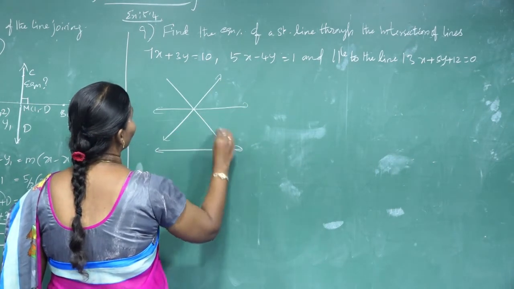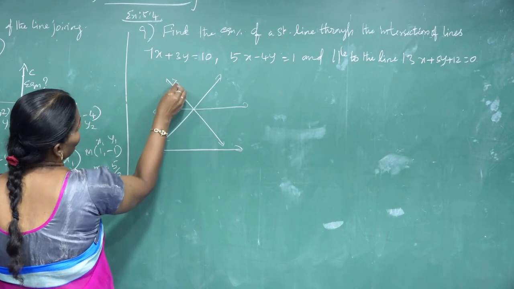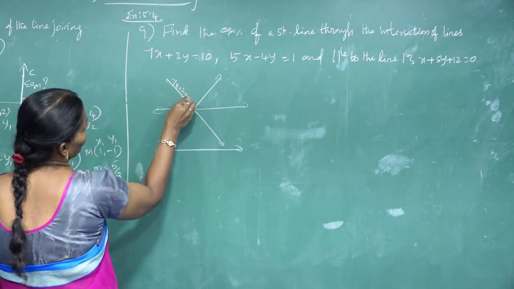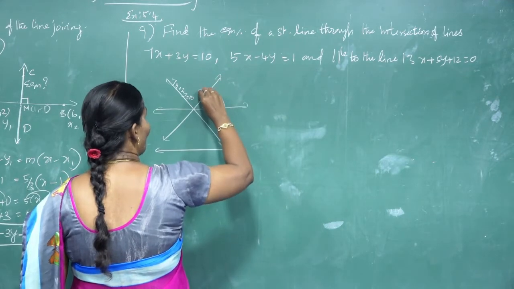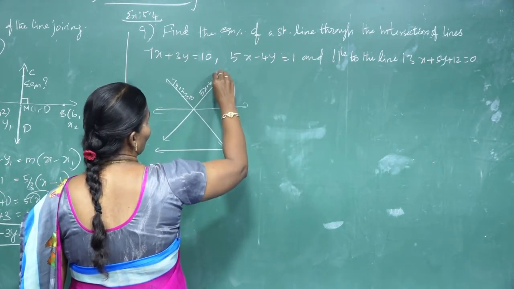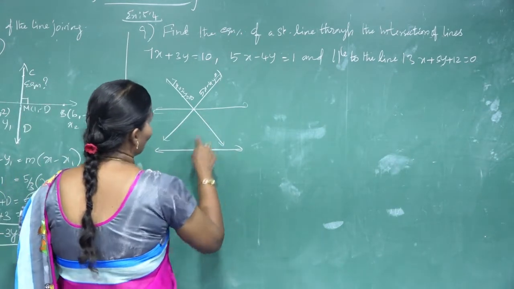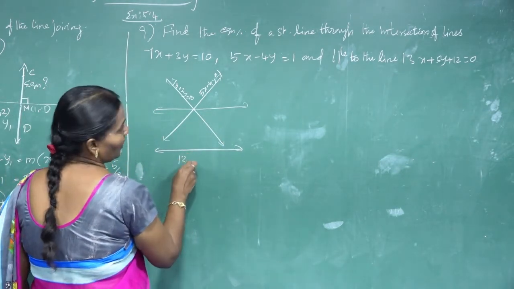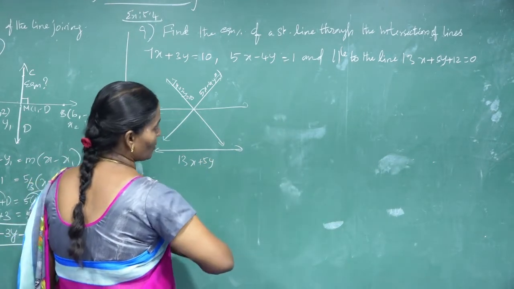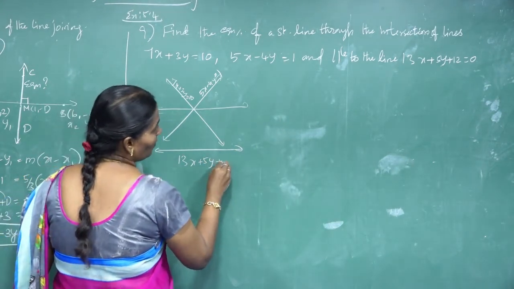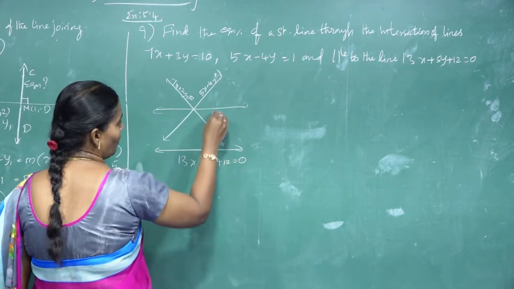Now you see the equation of this line is, you consider, 7x plus 3y is equal to 10. Then the equation of this line is 5x minus 4y is equal to 1. And the line parallel to this line has the equation 13x plus 5y plus 12 is equal to 0. Now these two are parallel.